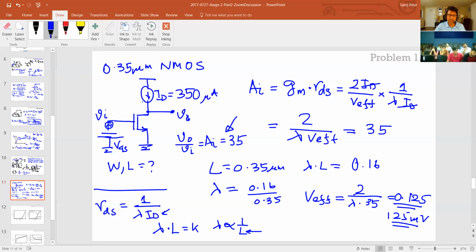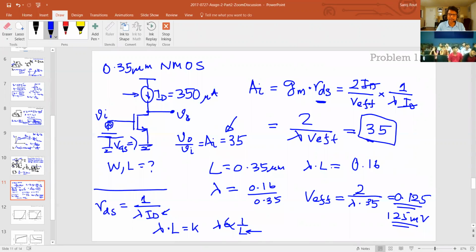So essentially, if you are asked to bias it at a current ID of 350 microamps, you have to have this excess voltage of 125 millivolts. VT for this device, I forget, I think it's 0.57. So you have to apply a VGS which is 125 millivolts above that. That will make sure the current flowing through this is 350 microamps, and that'll also make sure your RDS, which is 1 over lambda ID sat, times gm should be equal to 35, right?